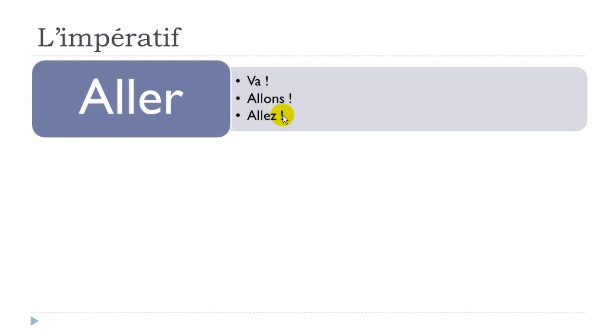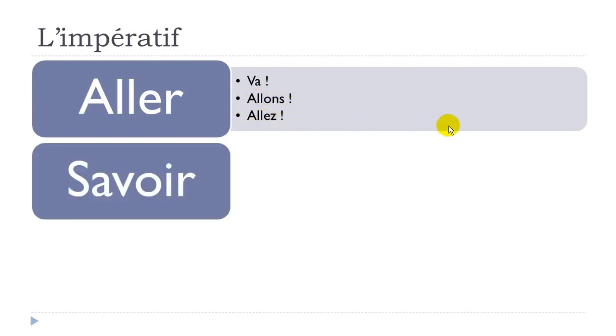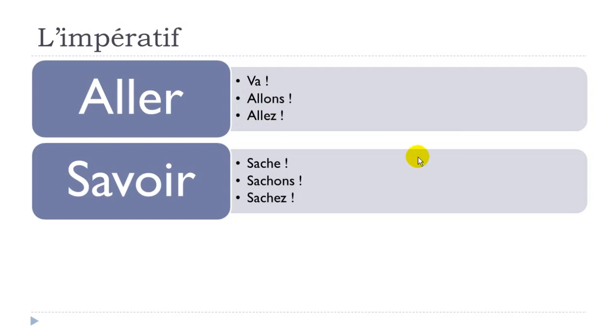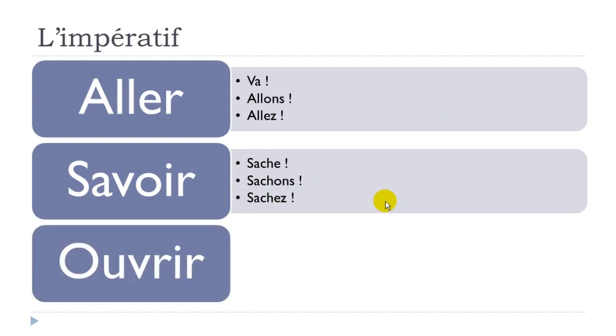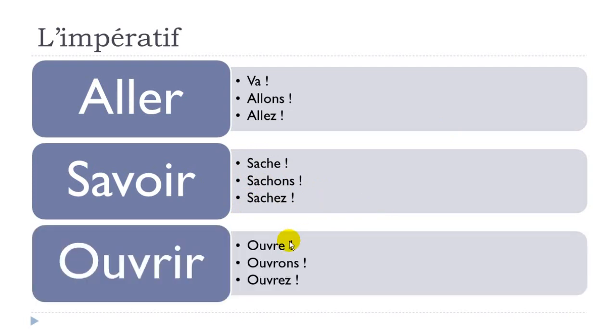The other forms are exactly the same. Savoir will become sache, sachons, sachez. Ouvrir, ouvre, so the S goes away, ouvrons, ouvrez. Aller is to go, savoir to know, ouvrir to open.